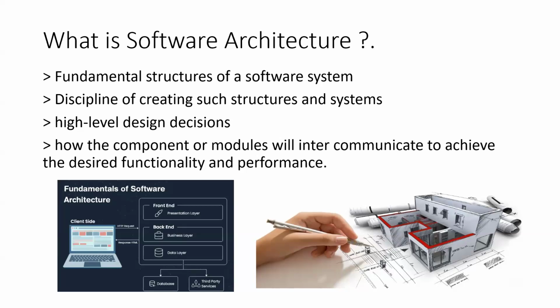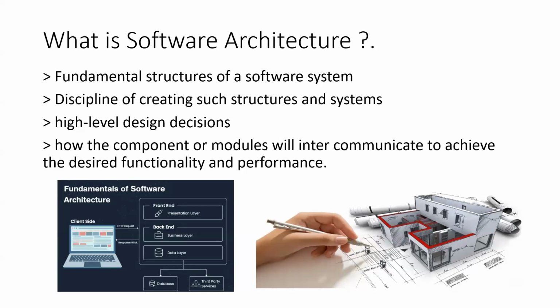In a similar way, when you are designing your software, you need to understand the software design. Relate it to house building. How many bedrooms should your house have? How many restrooms? How many kitchens? All the things will be clearly planned in the layout.